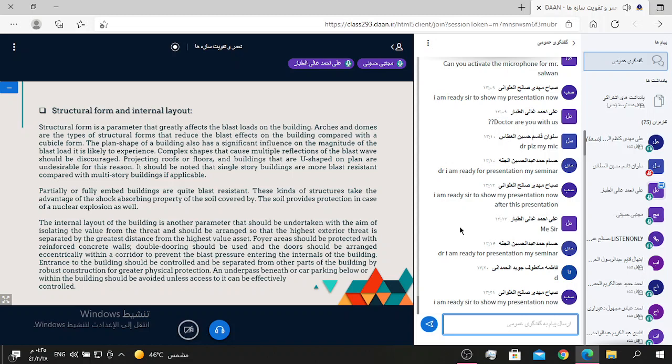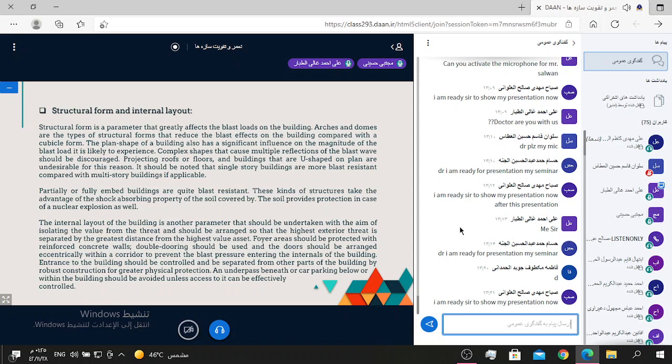The internal layout of the building is another parameter that should be undertaken with the aim of isolating the valuable assets from the threats, and should be arranged so that the highest exterior threat is separated by the greatest distance from the highest value asset. Foyer areas should be protected with reinforced concrete walls.